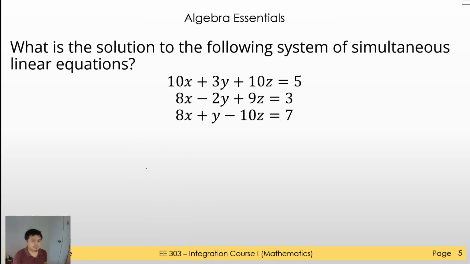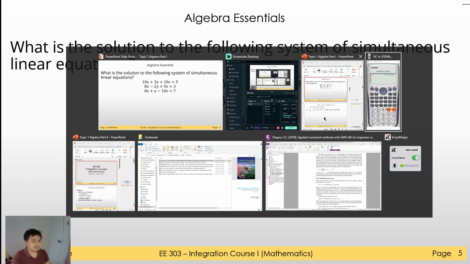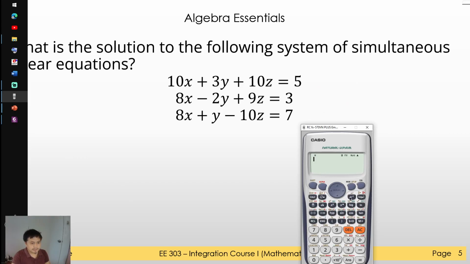So what is the solution of the following system of simultaneous linear equations? How do we solve for this? There are different ways, a variety of ways, to solve for simultaneous equations. And one way to solve this is to utilize your calculators. Using your calculators, there is a function here that we can explore. So we have mode 5, equation, and then we can choose the second one. The second one has three equations, three unknowns.